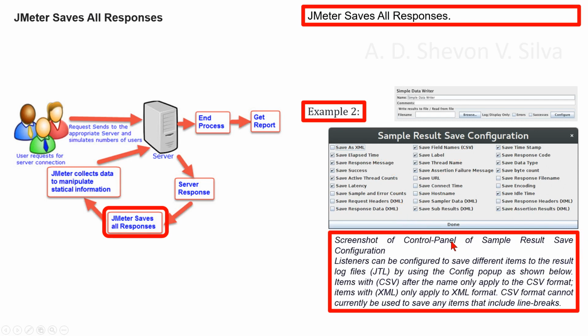Items with XML after the name only apply to the XML format. CSV format cannot currently be used to save any items that include line breaks.